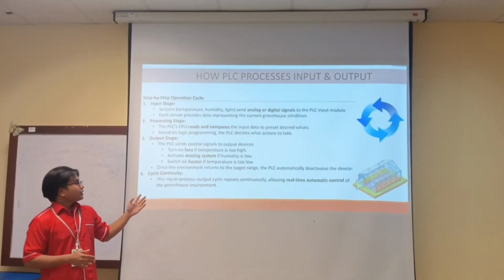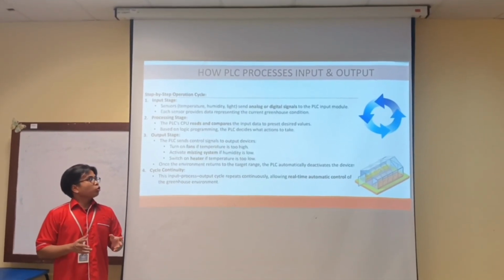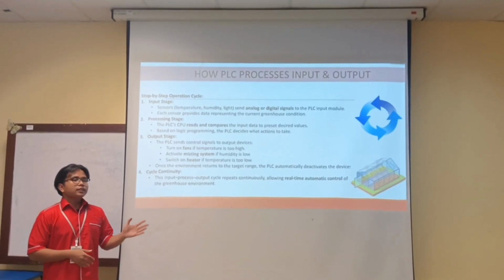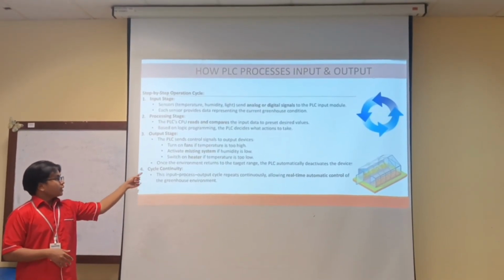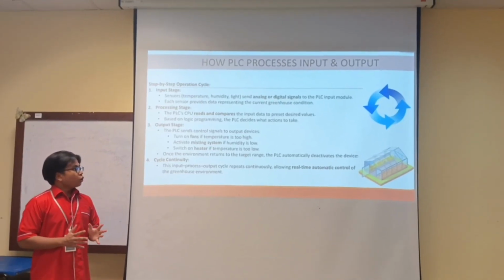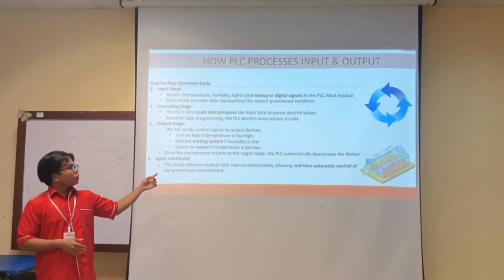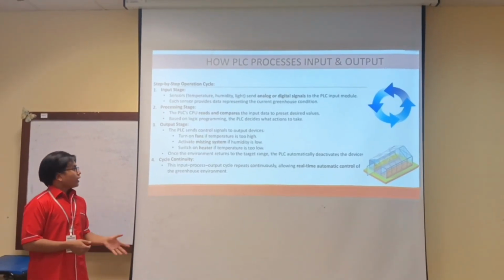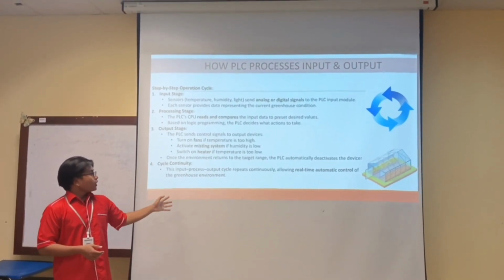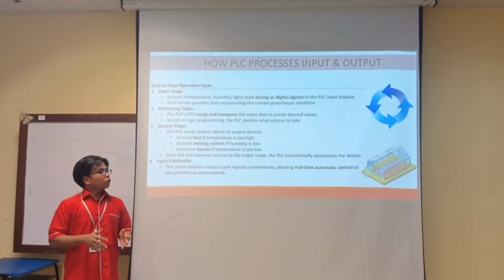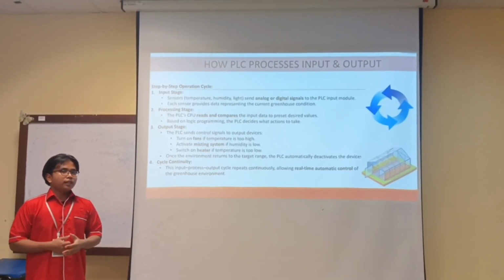The PLC sends control signals to output devices: turn on fans if temperature is too high, activate the misting system if humidity is low, and switch on the heater if temperature is too low. Once the environment returns to the target range, the PLC automatically deactivates the device.